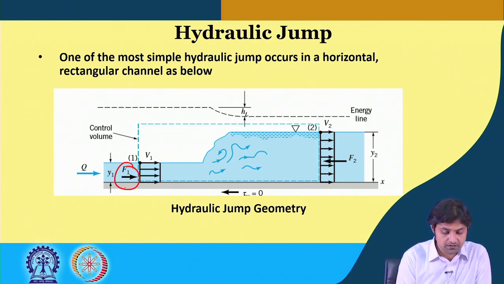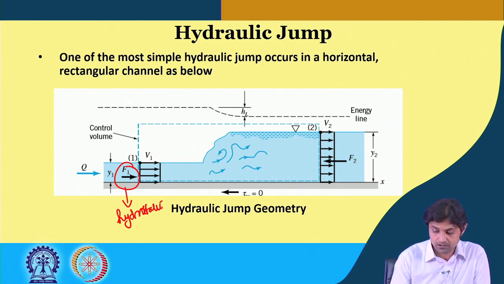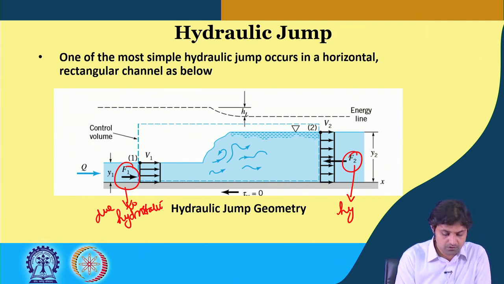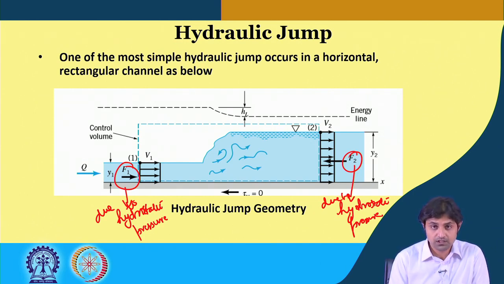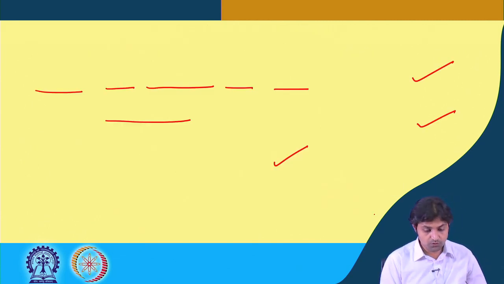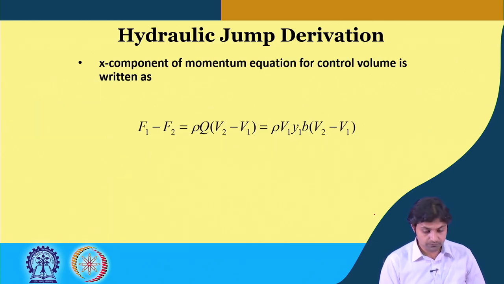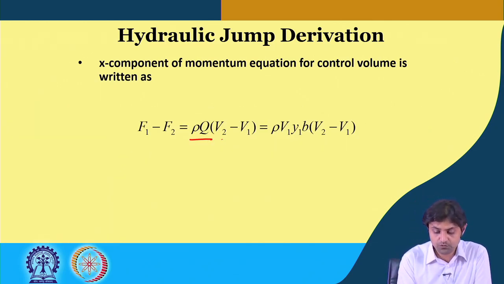This pressure force F1 and this F2 are hydrostatic pressure forces. So F1 minus F2 will be rho Q, the flow rate, into V2 minus V1.